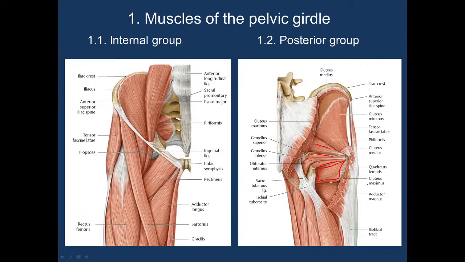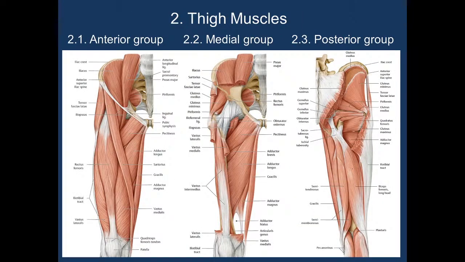All of this external group is usually used as rotators for the thigh in the coxal joints. Thigh muscles have three groups: anterior, medial, and posterior.